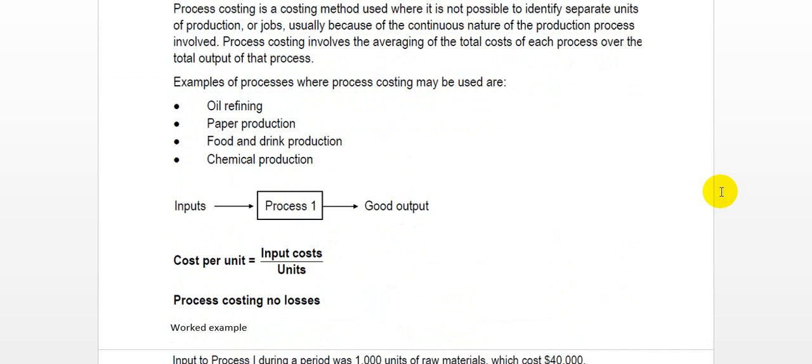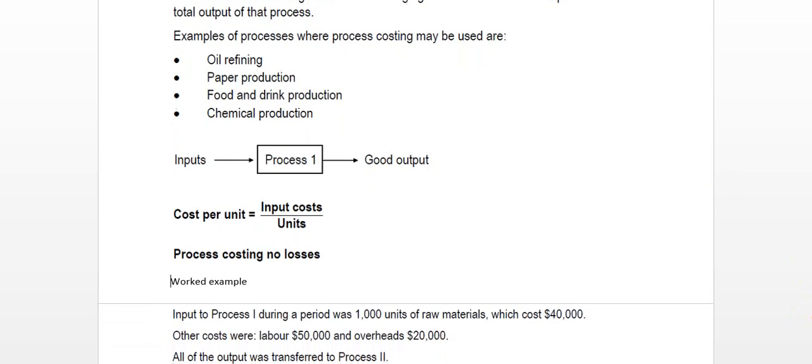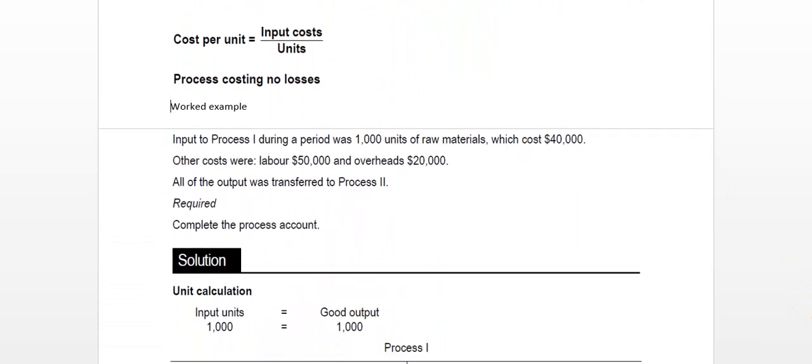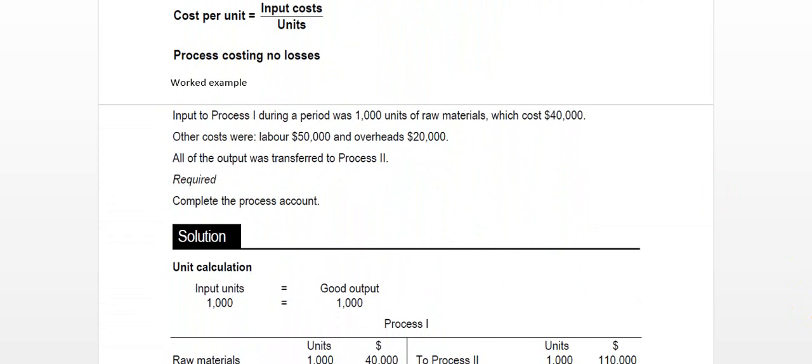We'll look at the first example where there are no losses, meaning whatever you've put in is equal to what comes out. You have a question in front of you. Input into process 1 during a period was 1,000 units of raw materials, which cost 40,000.